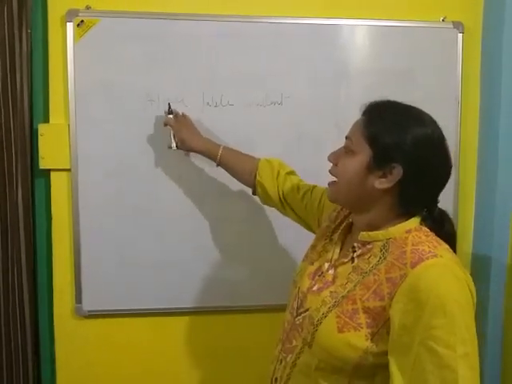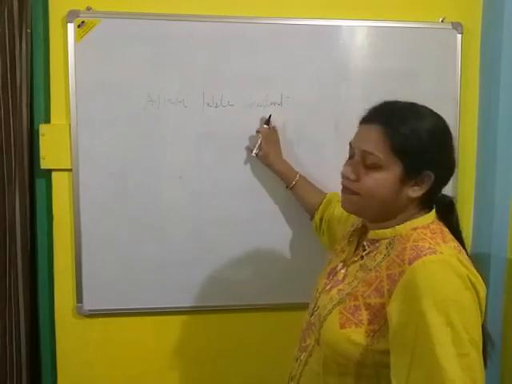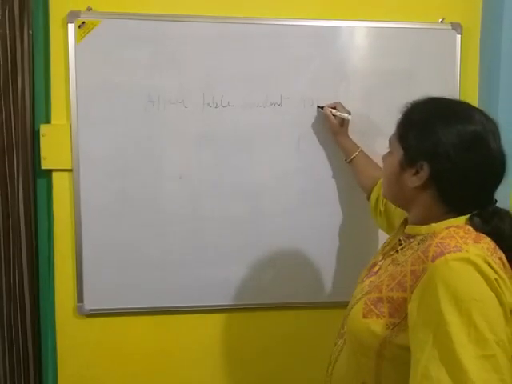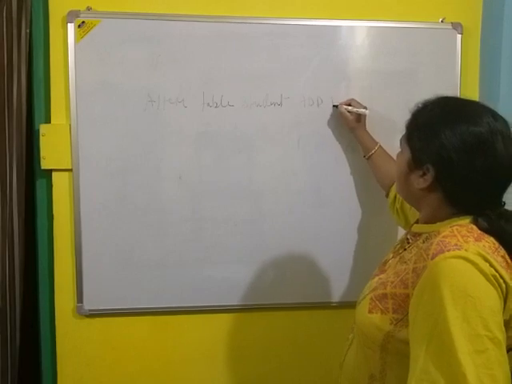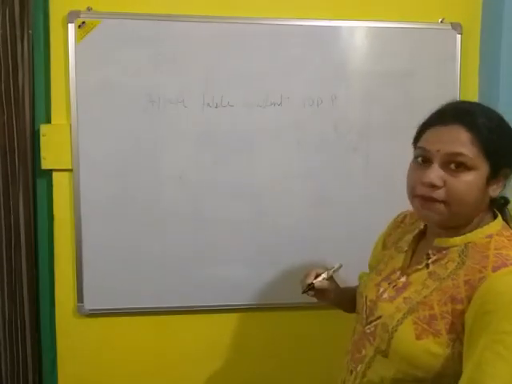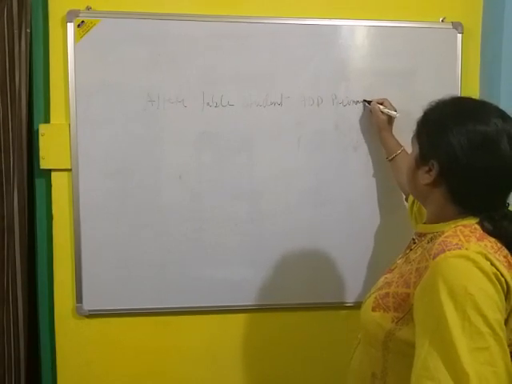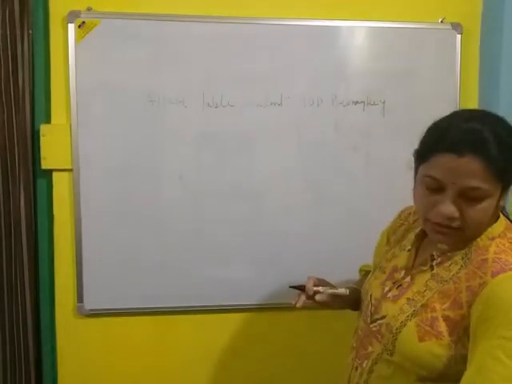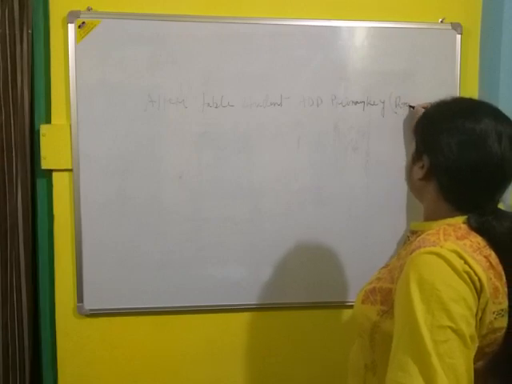So here I write alter table student, giving the table name. After that you write add, and because I want to set a primary key, I write add primary key, round bracket, roll number.